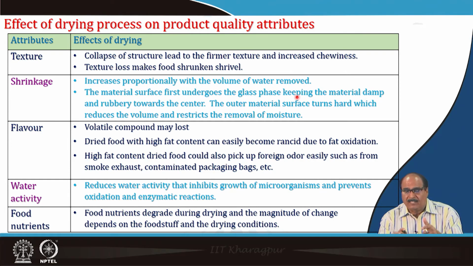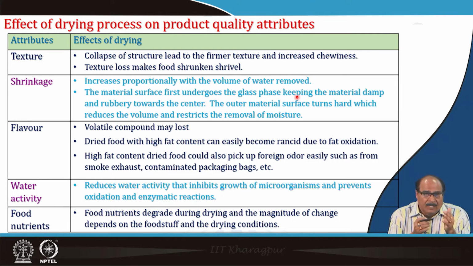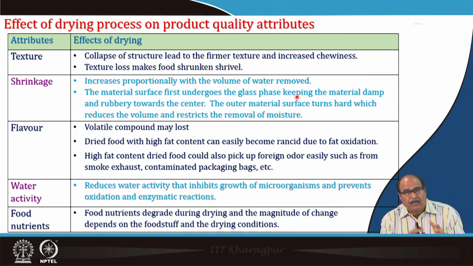The outer surface turns hard, which reduces volume and restricts the removal of moisture. Sometimes case hardening may also occur. Similarly, there are flavor changes and water activity changes. If proper temperature and other conditions are not maintained, micronutrients, particularly vitamins and minerals, may get destroyed.